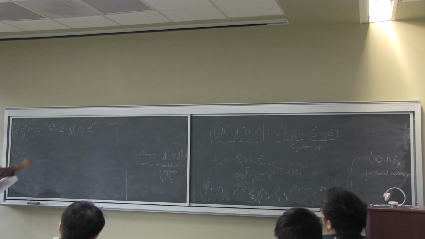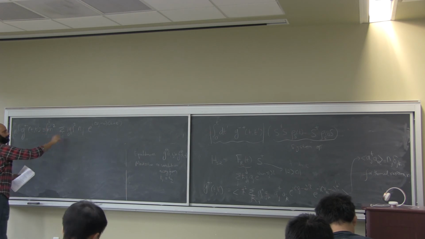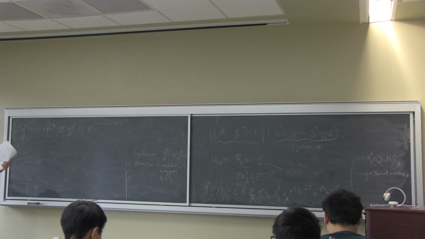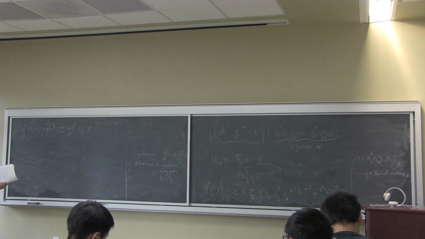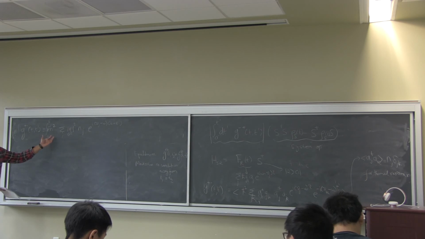So we have to evaluate this integral 0 to t dt prime of this, but this is exactly what you have done many times already. We did it when we considered the transitions of multi-state systems, when we went from multi-state system bound to continuum transitions. We did it in Wigner-Weisskopf theory, and now we see it again over here.